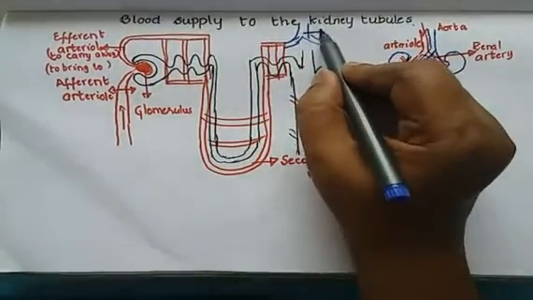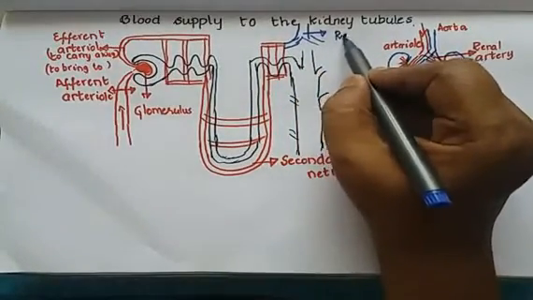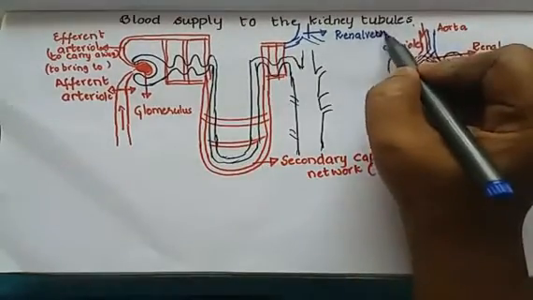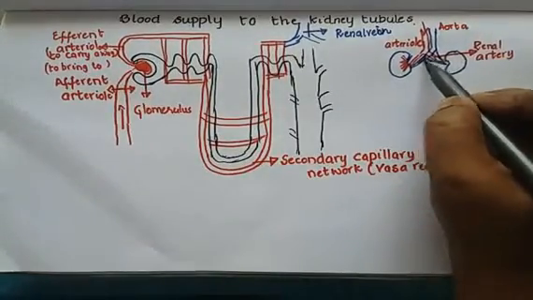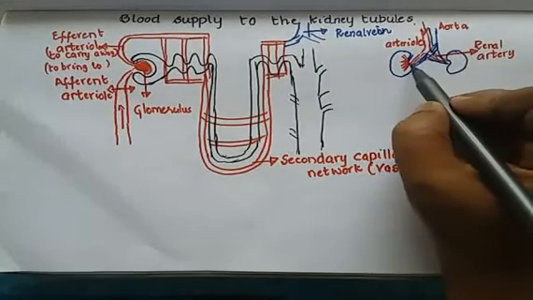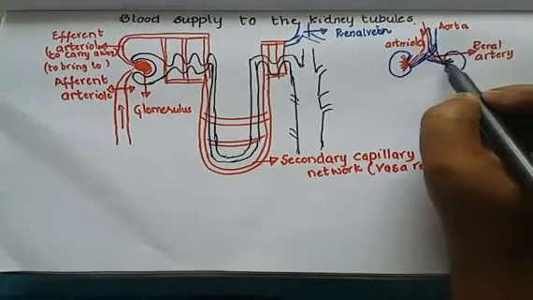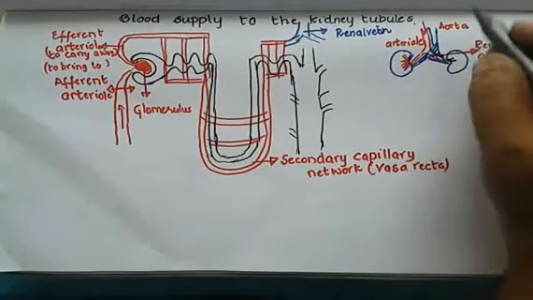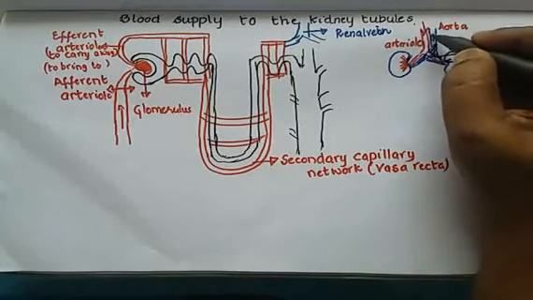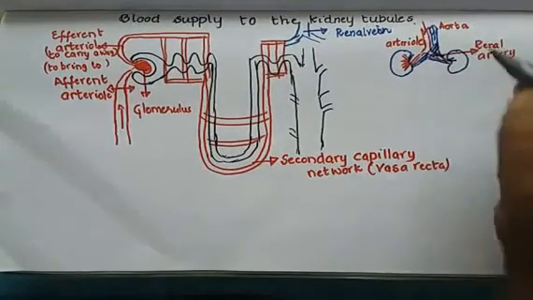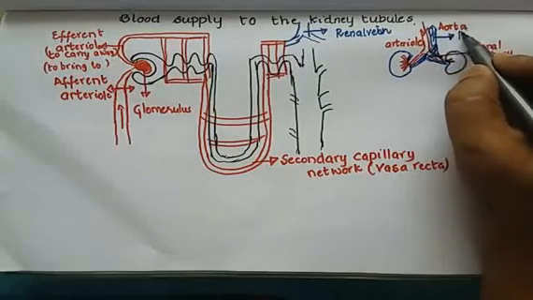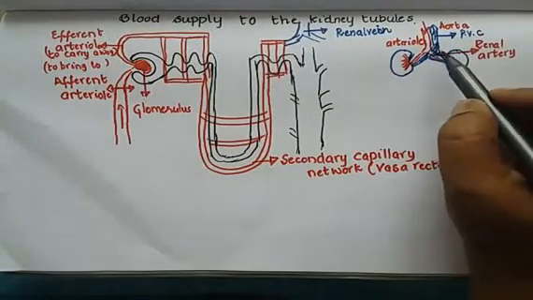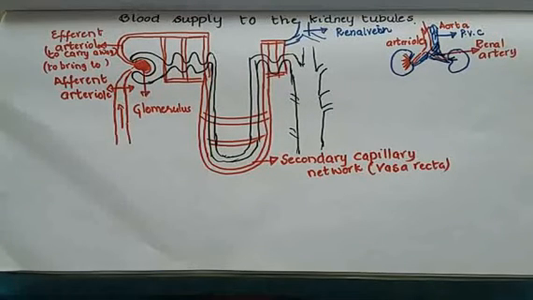So what do we call this vein as? This vein is known as a renal vein. So the renal vein emerges from the notch of the kidney. You can find both the renal veins emerging from the notches of both the kidneys, which start opening into the major vein, that is the posterior vena cava, which carries the blood back into the right auricle.